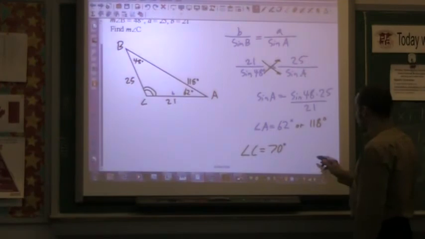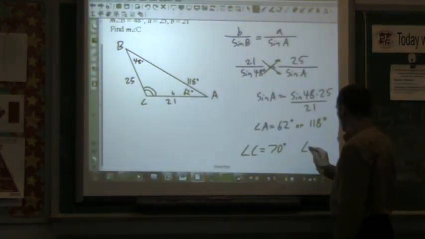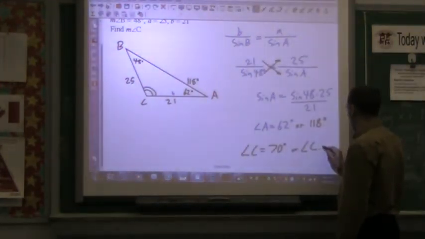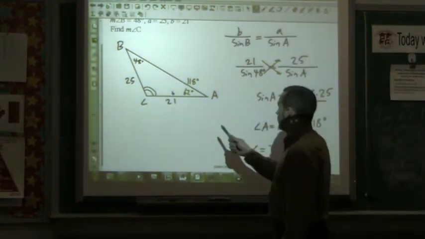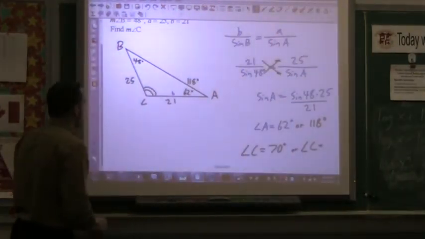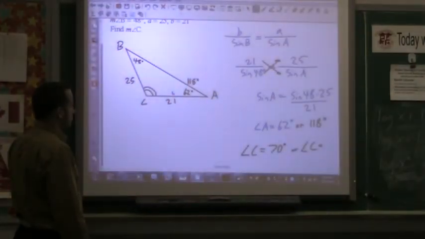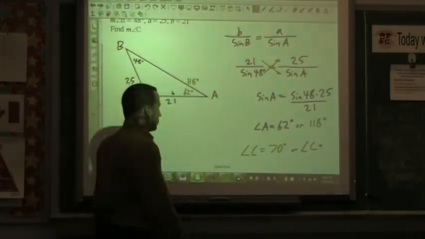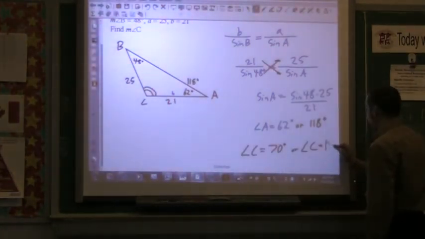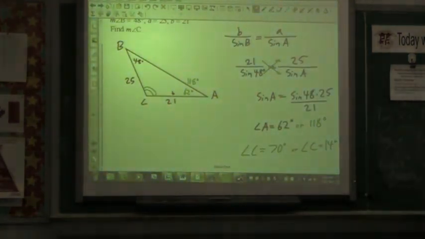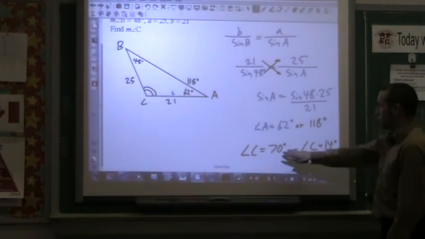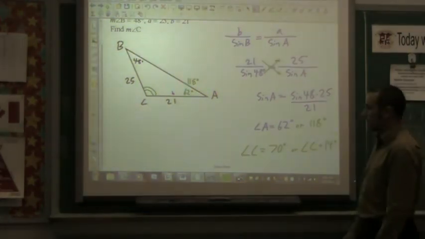So if that's the case, then I've got 118 and 48, that's 150 plus 16, is 166. So that leaves me with 14 degrees. And so two different possibilities here. So that's the reason for the ambiguous case.